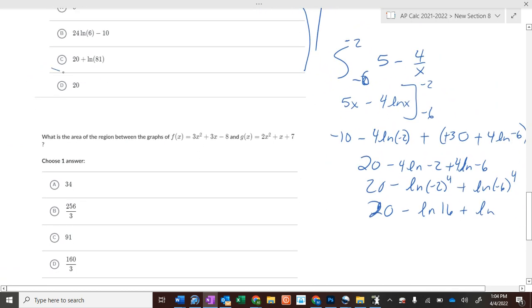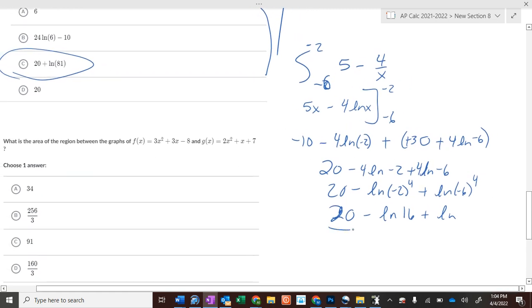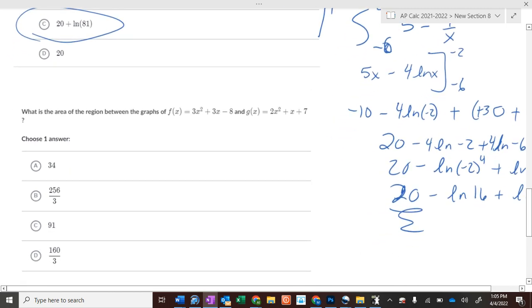So in the end, we're going to get 20 ln of 81, because we have a 20 here, and it's -10 plus 30. So it can't be -10. And then with these, I don't think they cancel out.